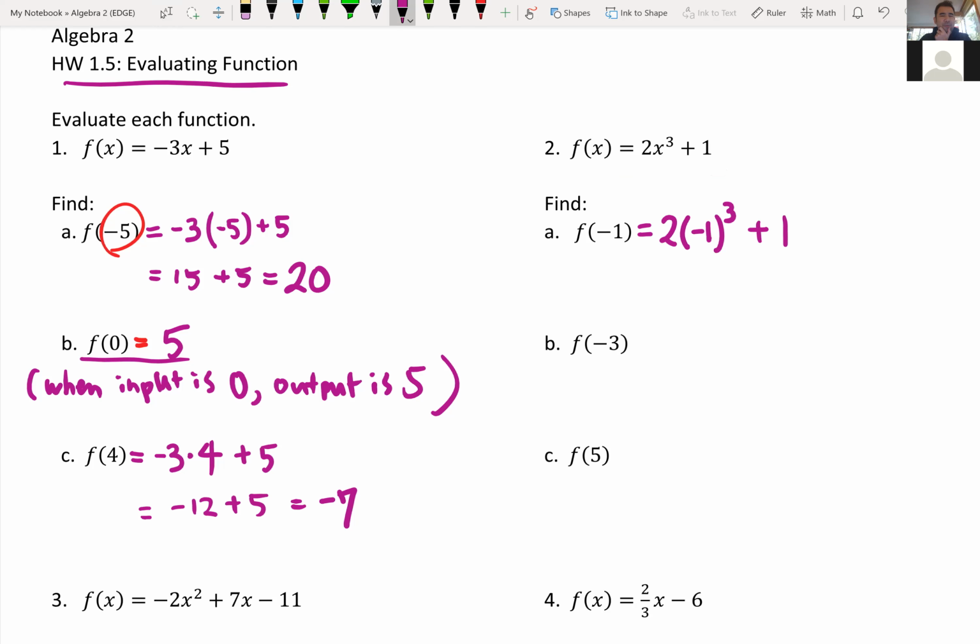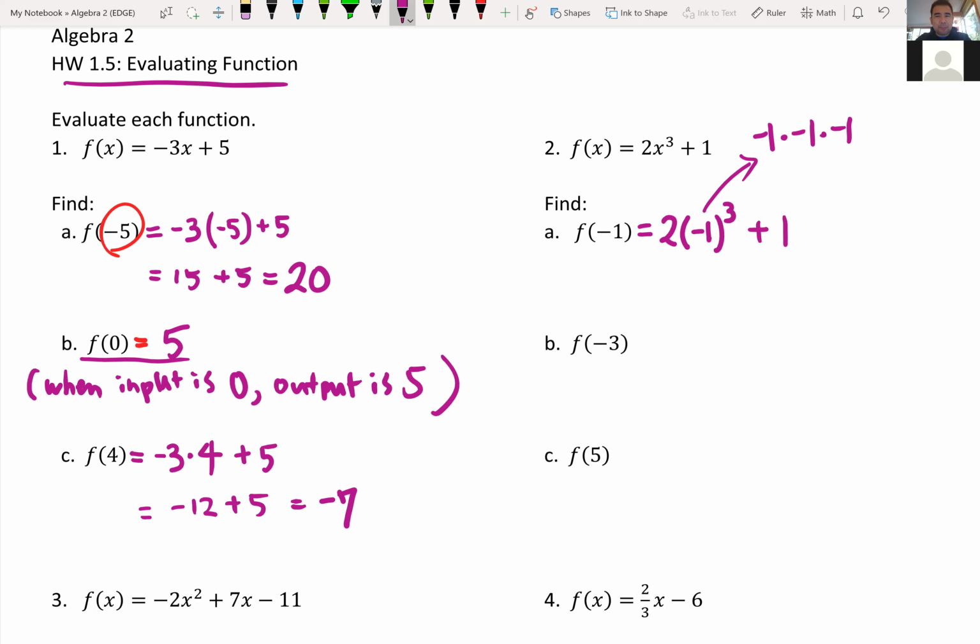Now what's -1 to the third power? That's -1 times -1 times -1. -1 times -1 is +1, but +1 times -1 is back to -1. Okay.